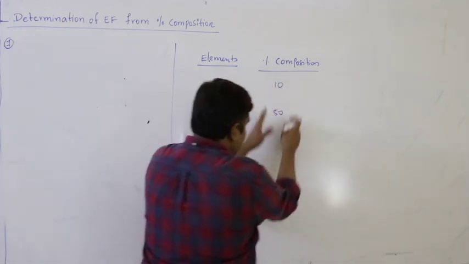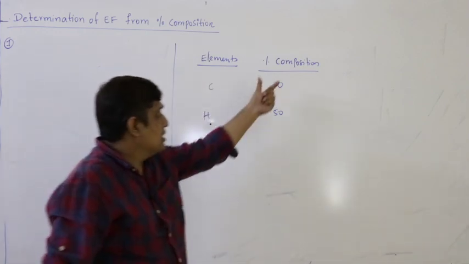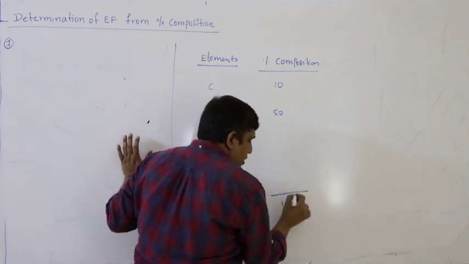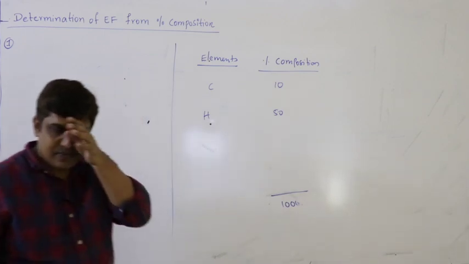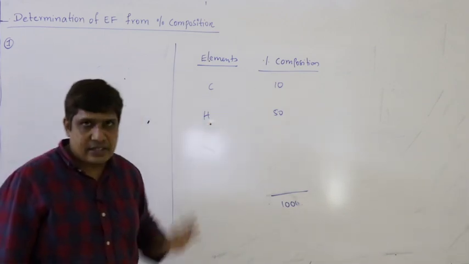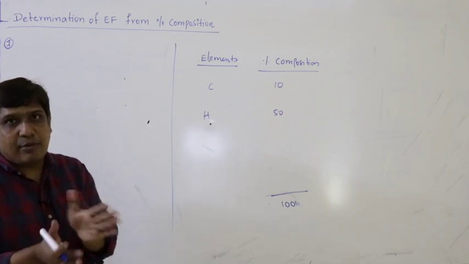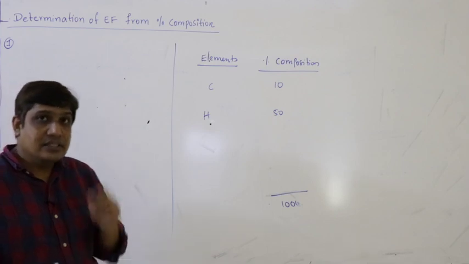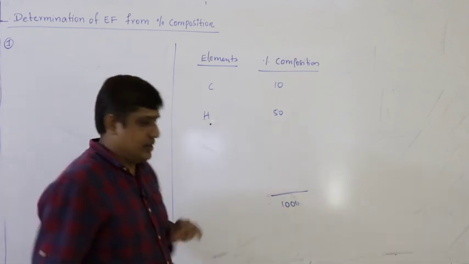Once you write the percentage composition, add this percentage composition, check whether it is equal to or approximately equal to 100 or not. If it is 100, go for the next step. If it is not equal to 100, if there is a gap, say some 5%, 10%, 20%, then subtract the obtained value from 100.